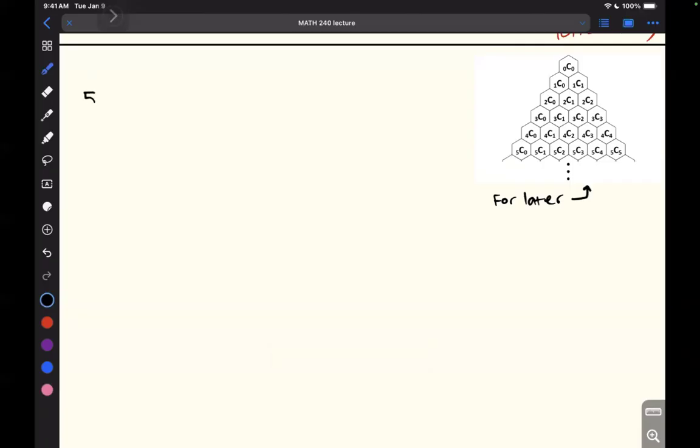5 permute 3 is 60. And then 5 choose 3 is 10. And so we can write all of the options as, okay, I'm going to write these out.